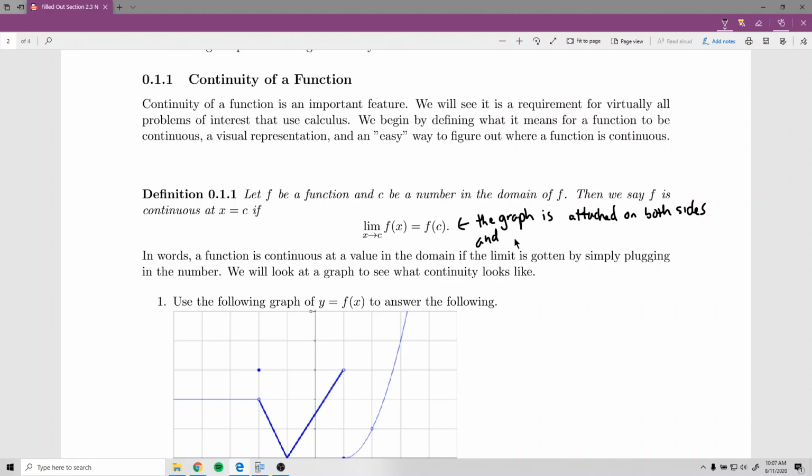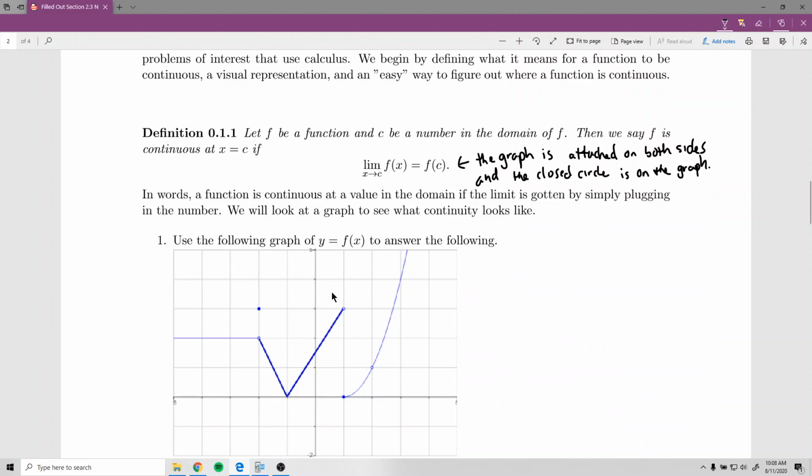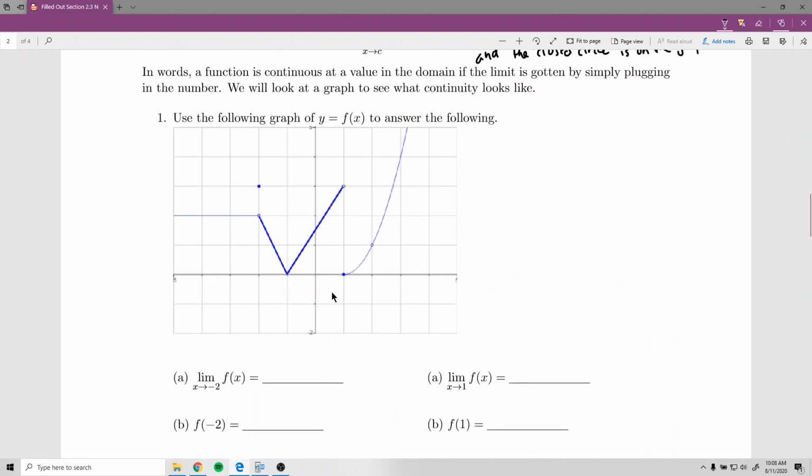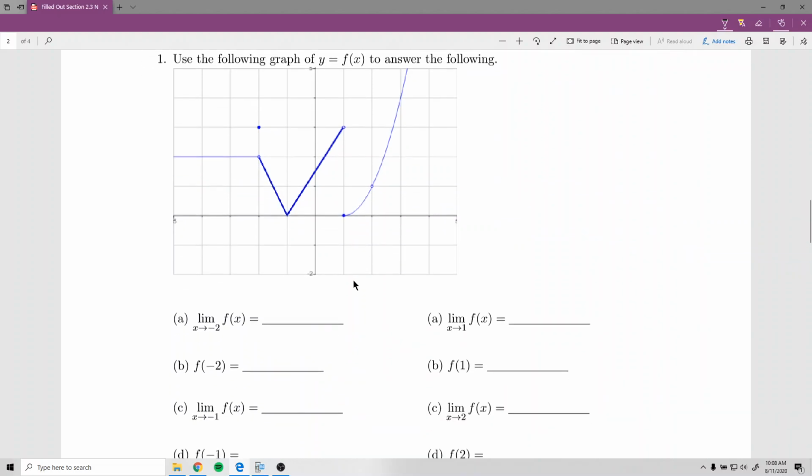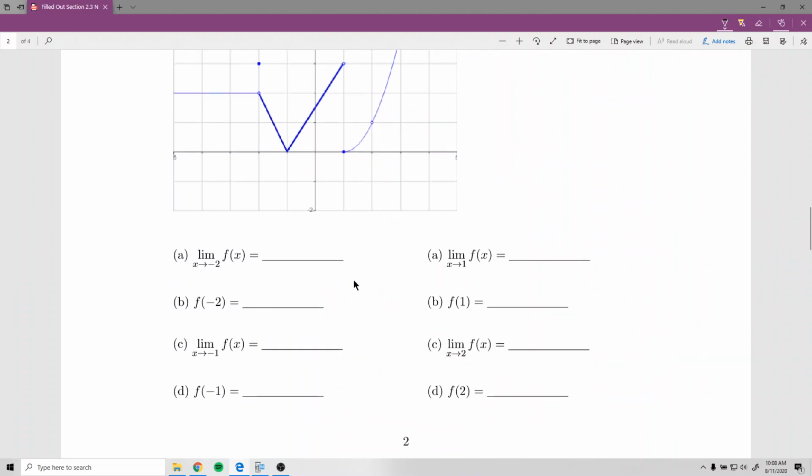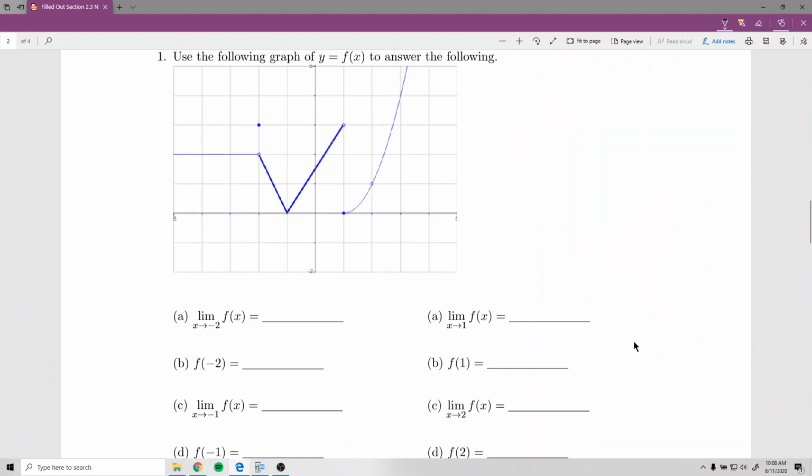And the closed circle is on the graph, which you might not actually see a closed circle. It's just part of a graph. But we will look at a couple examples so you can see. Actually, we have 4 examples. Plenty of examples to see what's going on here.